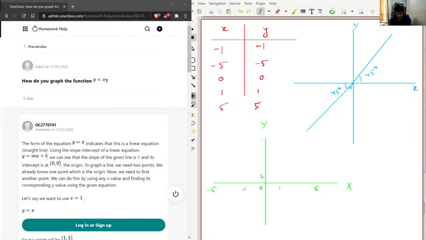This is also 1, 5, -1, -5. So for -1 it was this one. For 0, 1, and for 5 it will come somewhere here. I'll just draw a line through all of this.